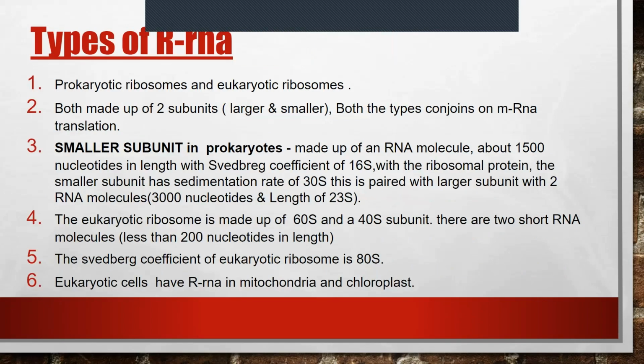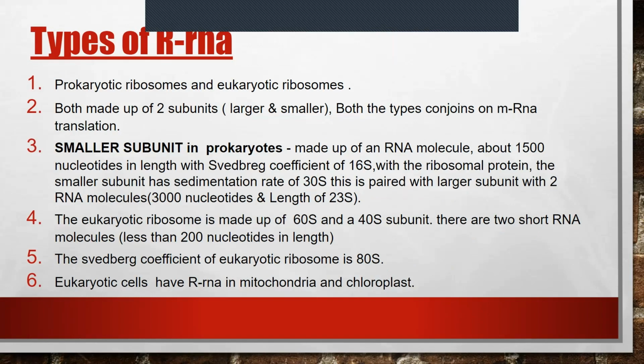So now we look into the types of rRNA: the prokaryotic ribosome and the eukaryotic ribosome. Both the prokaryotic and eukaryotic ribosomes are made up of two subunits called the larger subunit and the smaller subunit. Both subunits join together on the mRNA during translation.